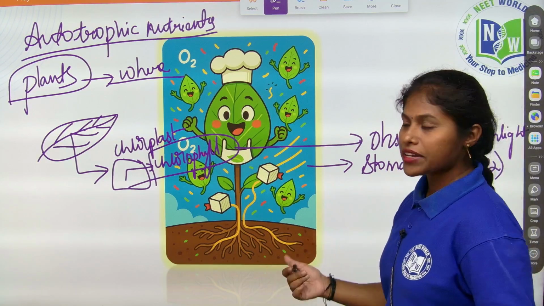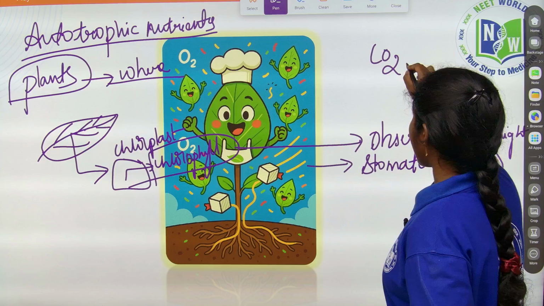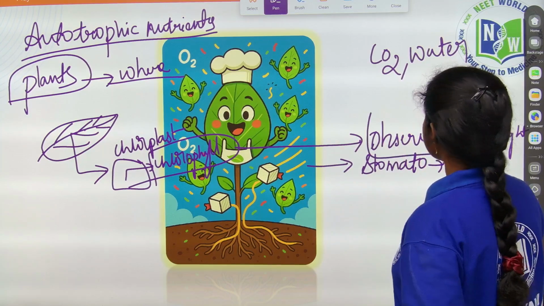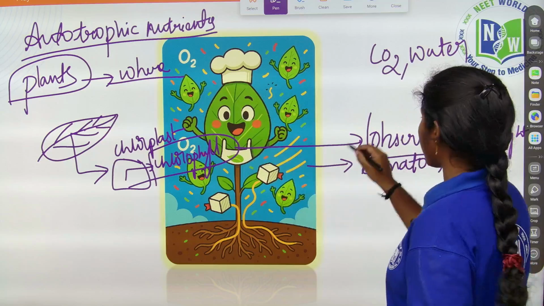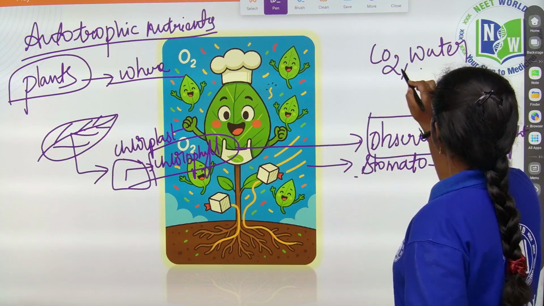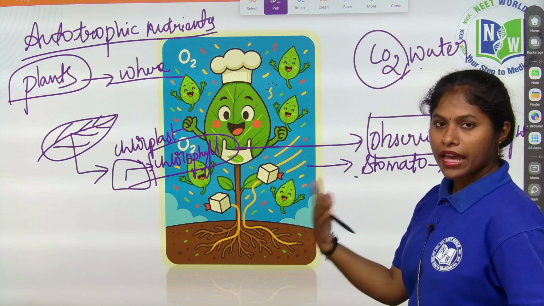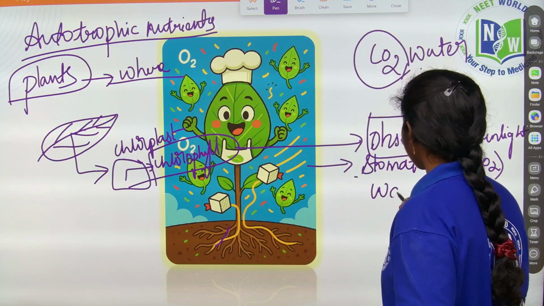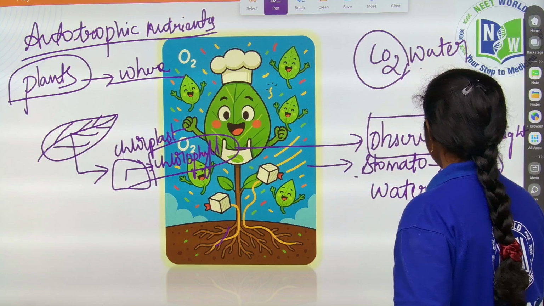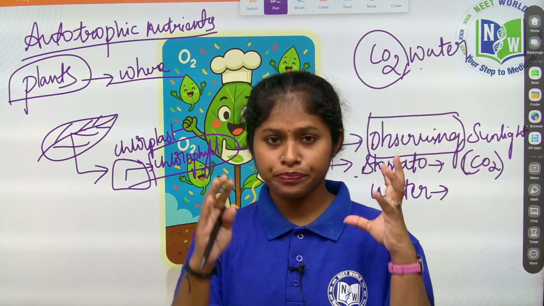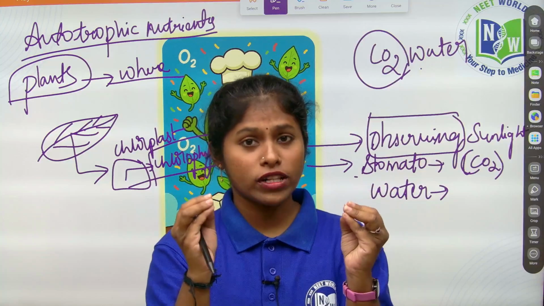And what else is required, children? We know that carbon dioxide is required, water is required, sunlight is required. Sunlight, the golden beams from the sun, is absorbed by this chlorophyll, right? And the carbon dioxide comes through the stomata from the environment, and water comes by the delivery boys under the ground. In the plant, children, the delivery boy called xylem is present.